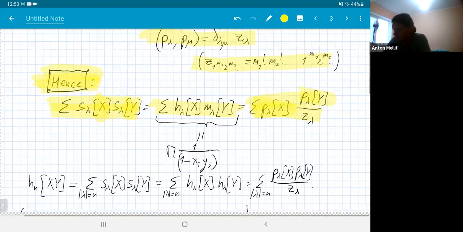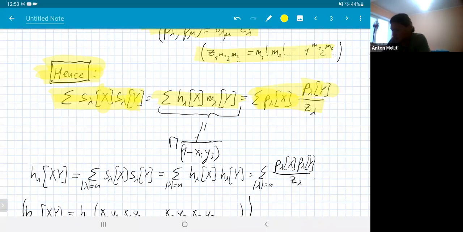And now if you want an explicit formula in terms of x_i's and y_j's, using this formula you can easily get that this function in two sets of variables, called the Cauchy kernel, is just a product of 1 over 1 minus x_i y_j.